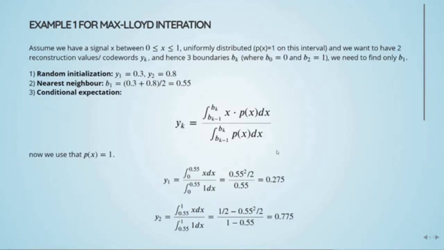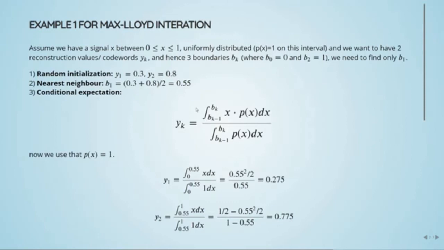So we will have three boundaries b of k: b0 is equal to 0, b2 is equal to 1, and we need to find b1.